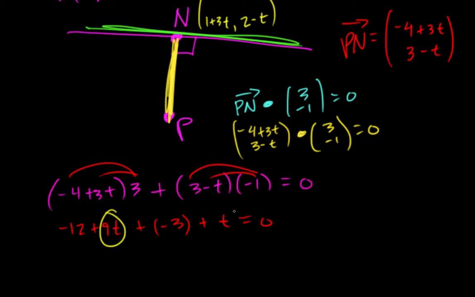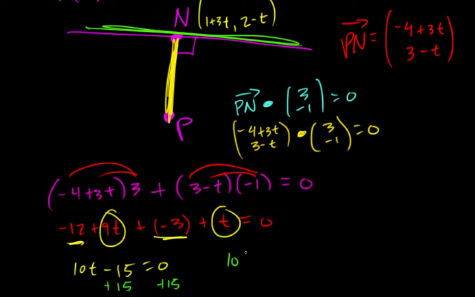Combine like terms. And then just solve. Okay, and if we divide those both by 5, we get 3/2. Okay. And so that's our t value.